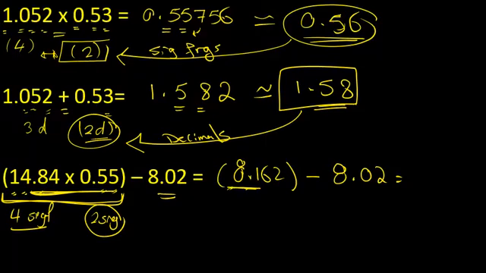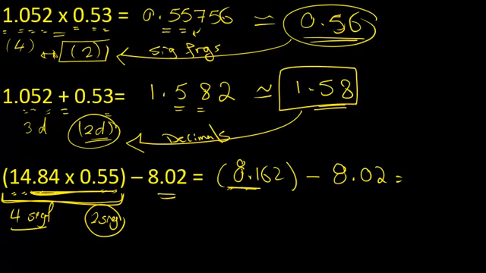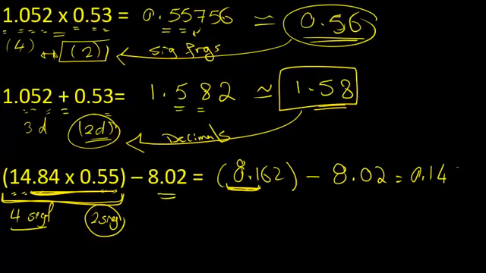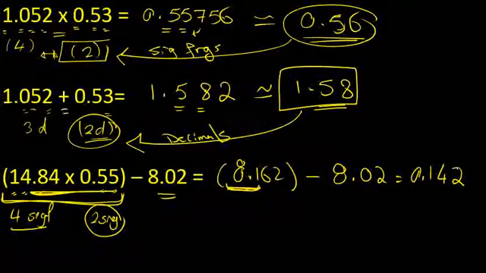I will just include this number in the calculation, right? But in the answer, I will follow the number of decimals or significant figures from this number. So I will consider this as 2 significant figures only. But let's do the subtraction. In this case, the answer should be 0.142. Yeah.